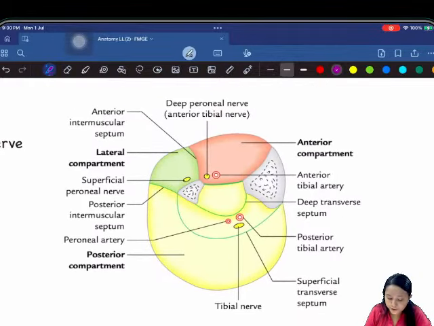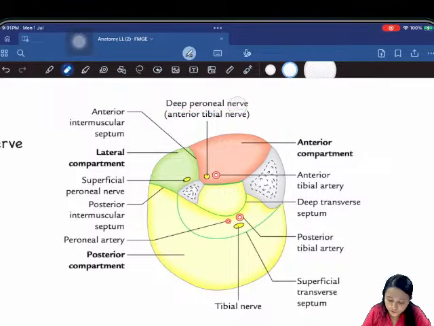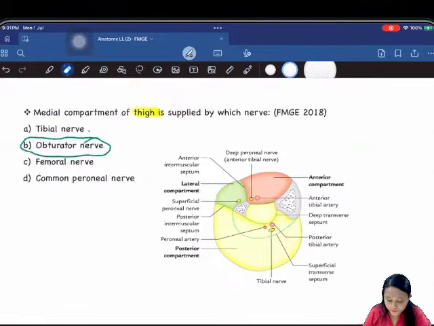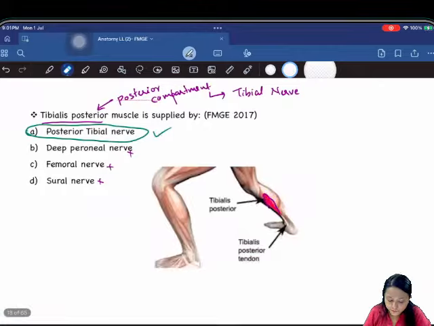Deep peroneal nerve is the nerve for the anterior compartment. Anterior compartment करता है extension, ठीक है? It is doing the extension. So ये गलत है जो option आया है. So the answer is your superficial peroneal nerve.